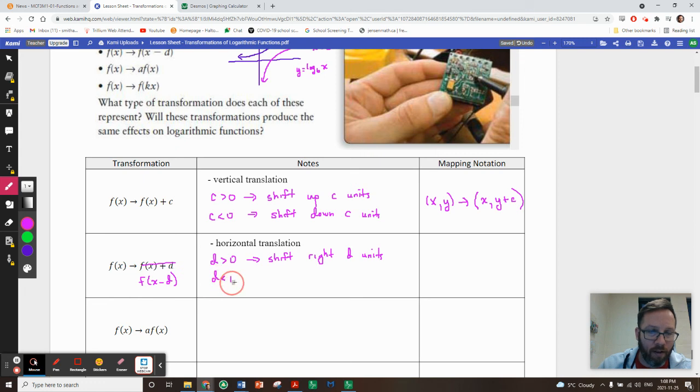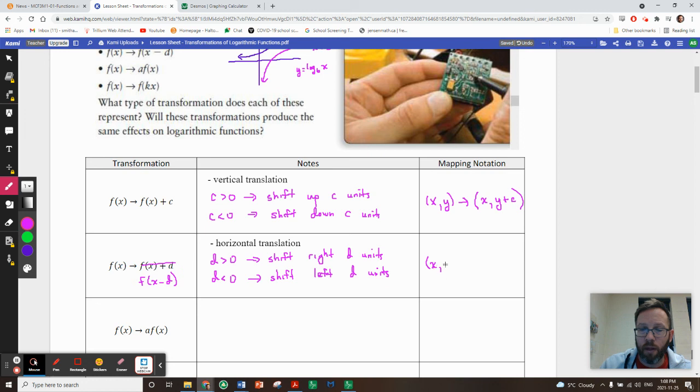And if d is less than 0, so we're subtracting a negative, so it's like x plus 2 or plus 4, we're subtracting a negative, making it positive, we shift to the left by d units. Again, nothing new, just reviewing.